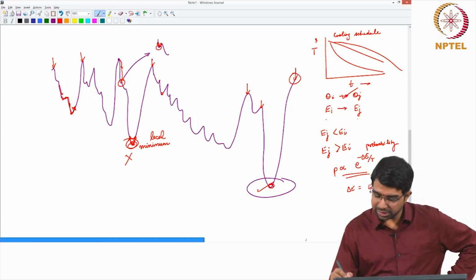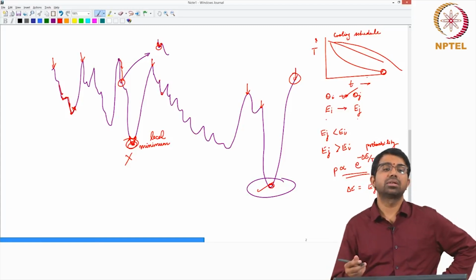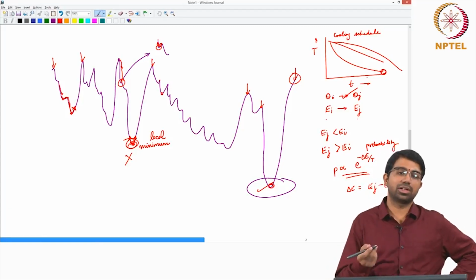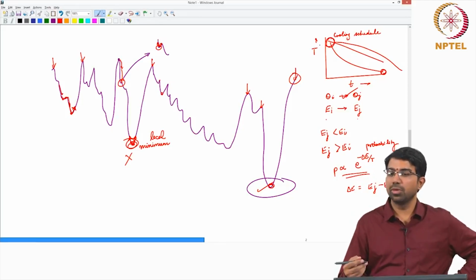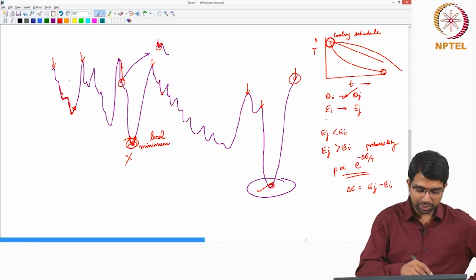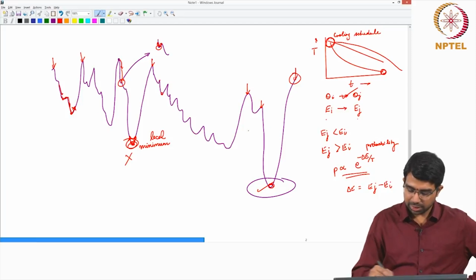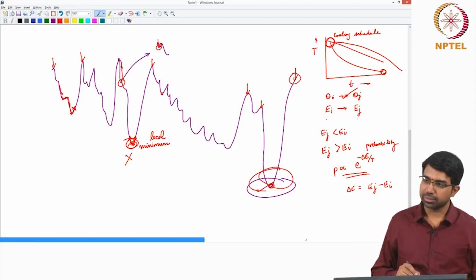So what happens when T is very low? You will reject a lot of moves that go in the wrong direction. When T is very high, you will accept a lot of moves that go in the wrong direction. So you are very exploratory in the beginning, so you jump all around the place, but then after a while you probably settle down and hopefully reach this point.